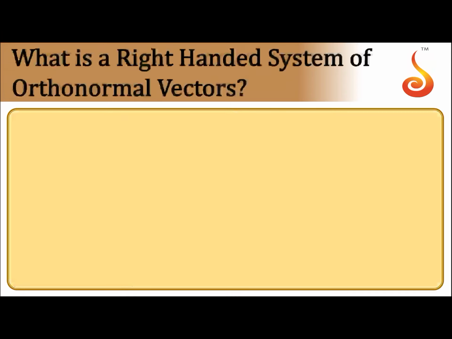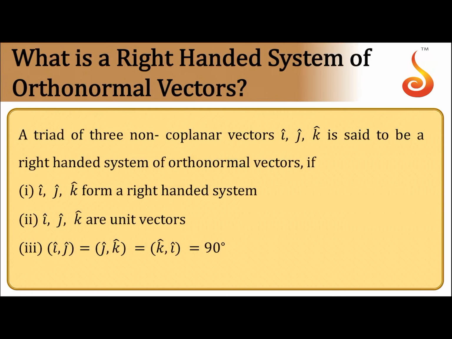Coming to the next topic: what is a right-handed system of orthonormal vectors? A triad of three non-coplanar vectors i, j, k is said to be a right-handed system of orthonormal vectors if i, j, k are mutually perpendicular unit vectors: i is perpendicular to j, j is perpendicular to k, k is perpendicular to i.